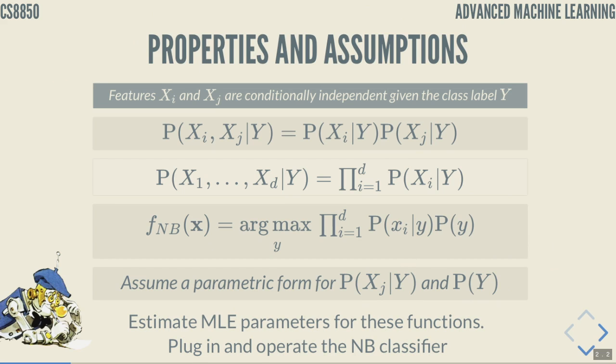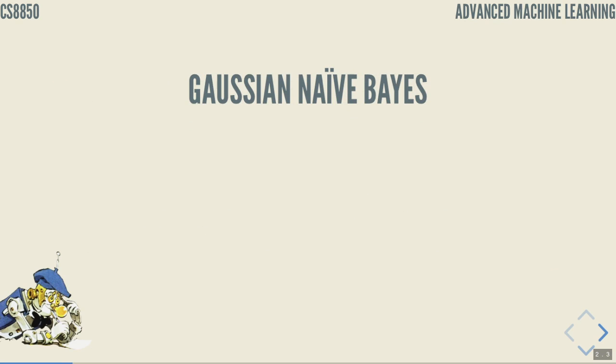Well, you just use maximum likelihood to estimate parameters for these parametric forms for the likelihood and the prior, and then just plug in those MLE estimates and operate the naive Bayes classifier by this formula. Okay, are you comfortable with that? Recalling where that's coming from and how that works? Great.